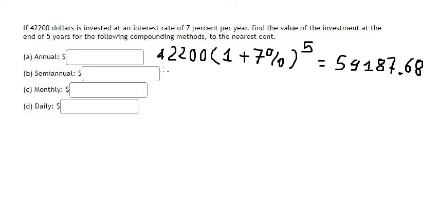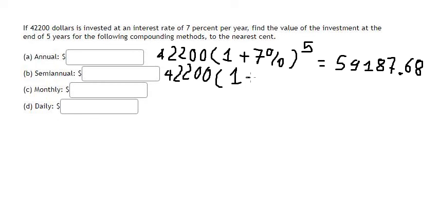The next one, semi-annual. That means they appear 2 times for 1 year. This is about semi-annual. So in this situation, we have 42,200.